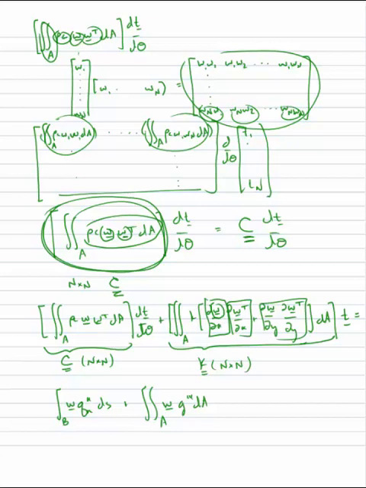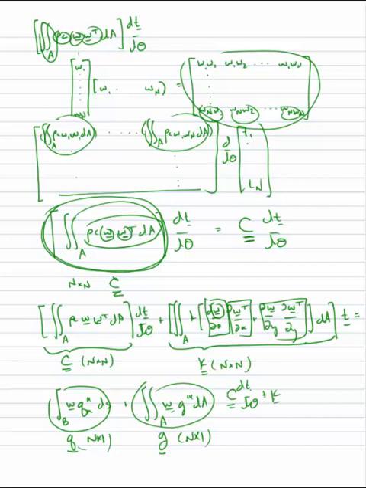This is a vector, so this is what we've been calling Q. This is n by 1, and this is a vector, so this is what we've been calling G. This is n by 1. So this ends up being C times d temperature d theta, plus K times temperature equals Q plus G.